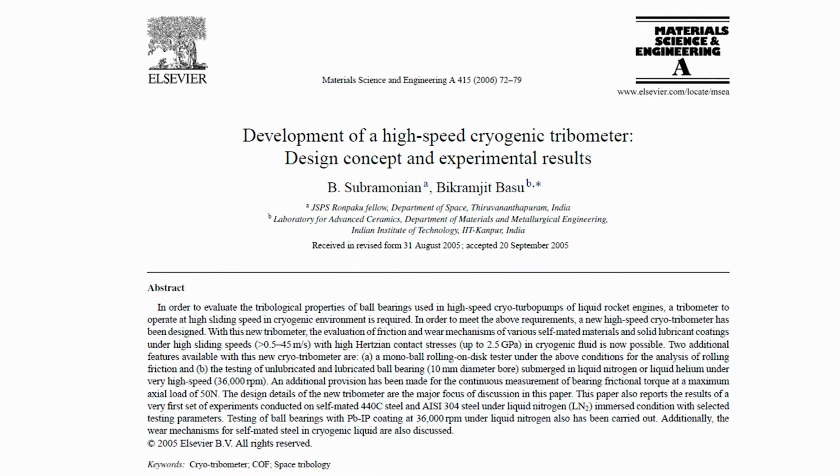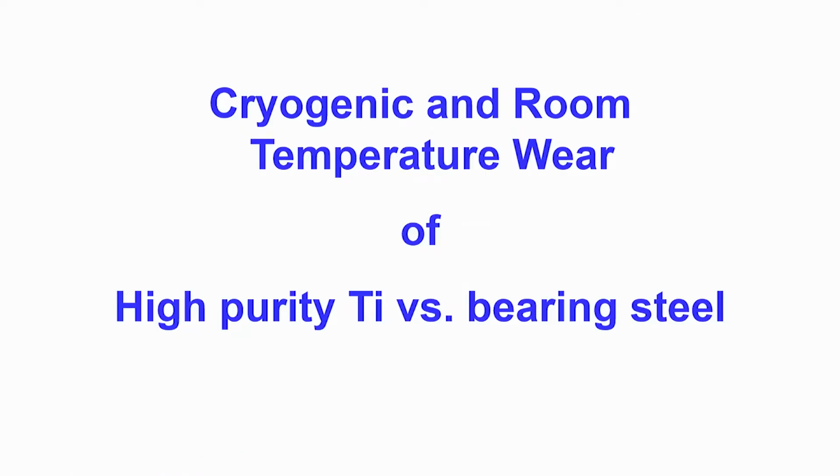Now, these results are published in the Materials Science and Engineering A journal, and I will show you some of the results we have obtained with high purity titanium. This is extremely high purity titanium, and this titanium is slid against bearing steel.